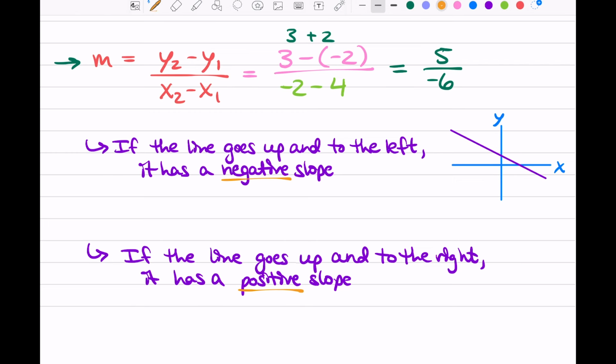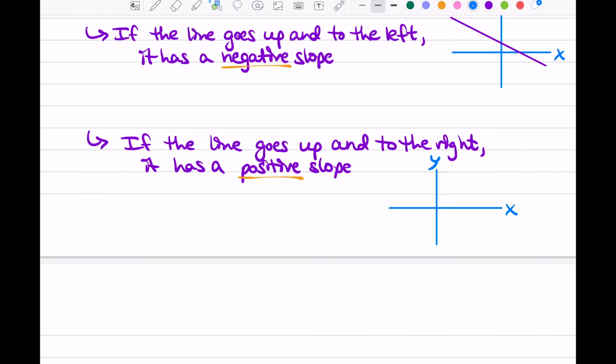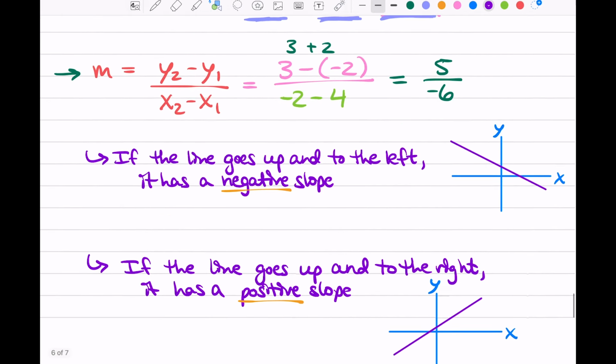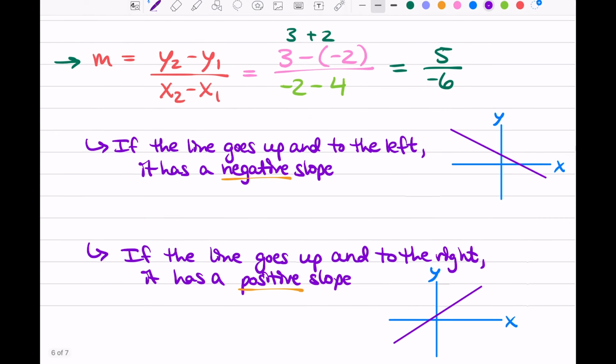And so if a line goes up and to the right, something like this, it has a positive slope. So that's something I am telling you. Anytime a line goes up and to the left like that, it has a negative slope. Anytime it goes up and to the right, it has a positive slope.